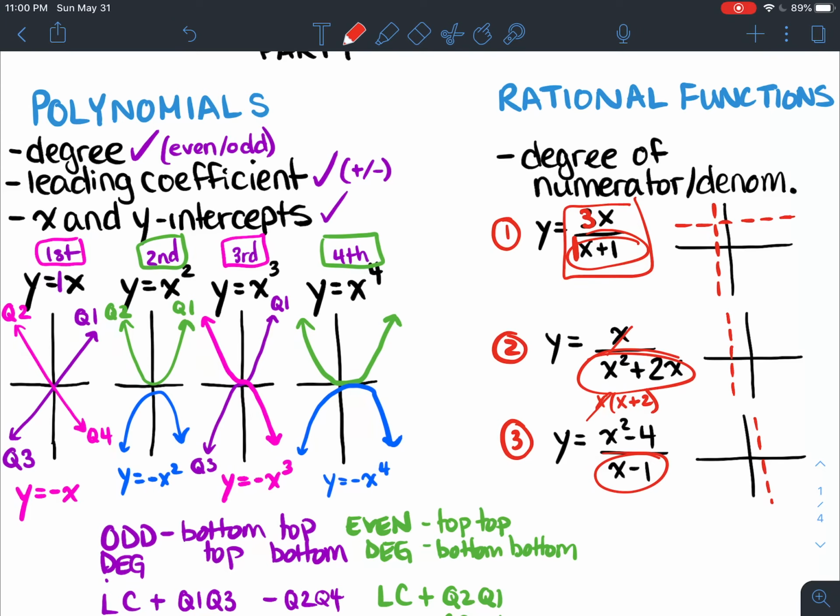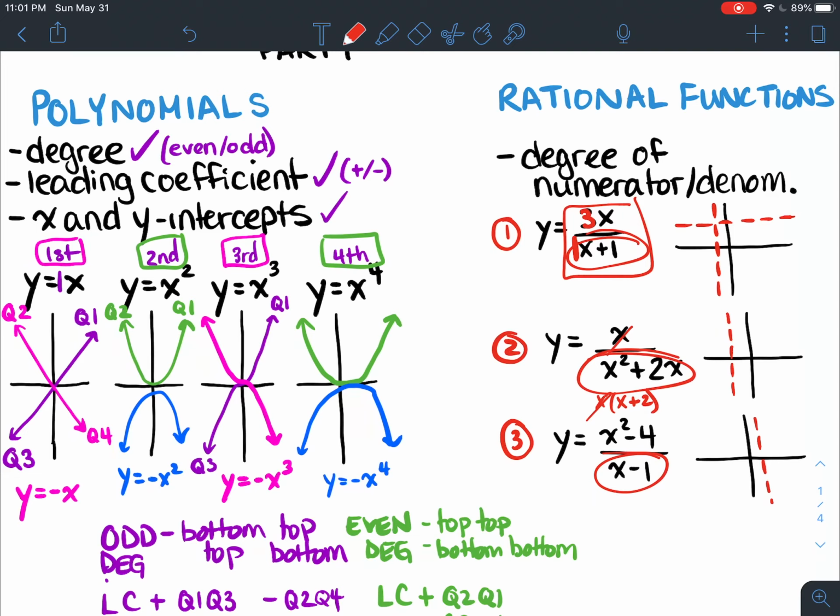Another way to think about it is, as x gets really big, what is my function approaching? So if x was like 1 billion, my numerator would be 3 billion, and my denominator would be 1 billion plus 1. So what's 3 billion divided by 1 billion and 1? It's roughly 3.